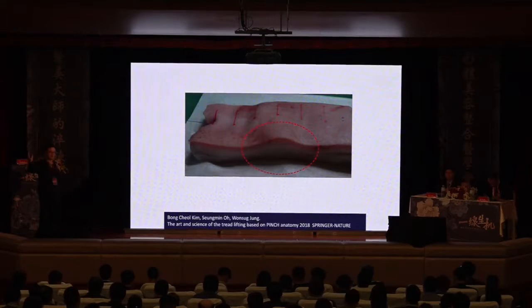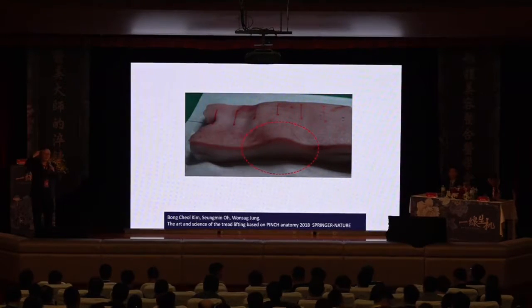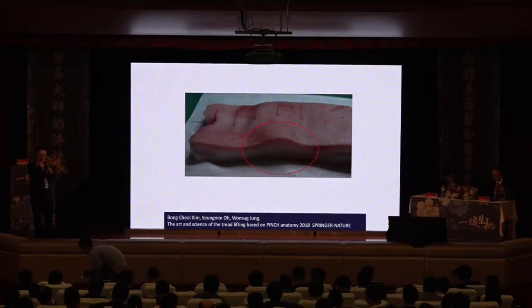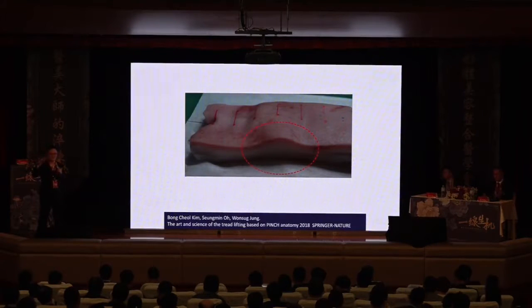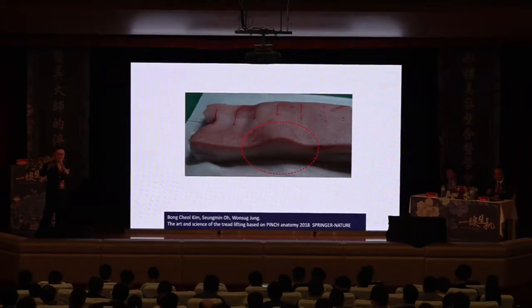So if we do the facial lifting using the bidirectional cog from the hairline, sometimes the middle area of the bidirectional cog exactly coincides with the zygomatic arch. At that time, the patient's face changes to a diamond shape, with protrusion of the zygomatic arch. They don't like it, and it makes complications.